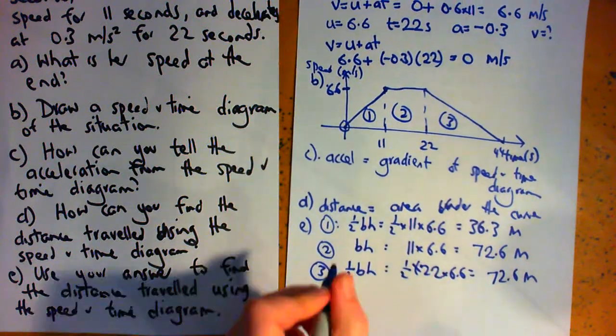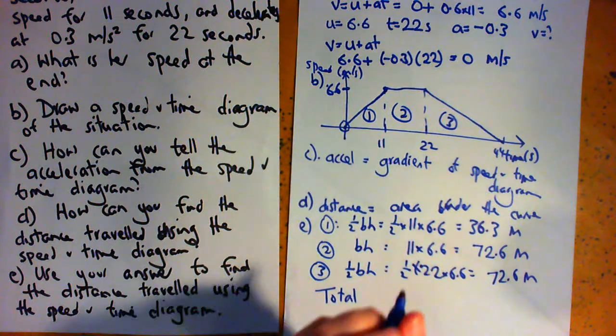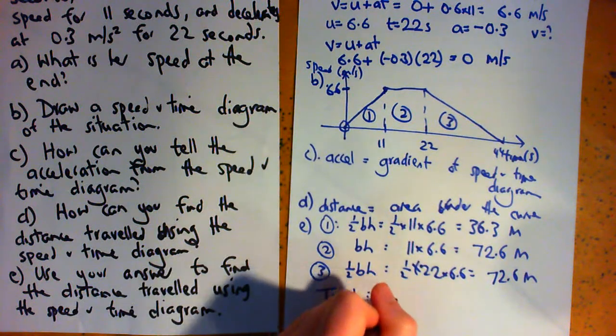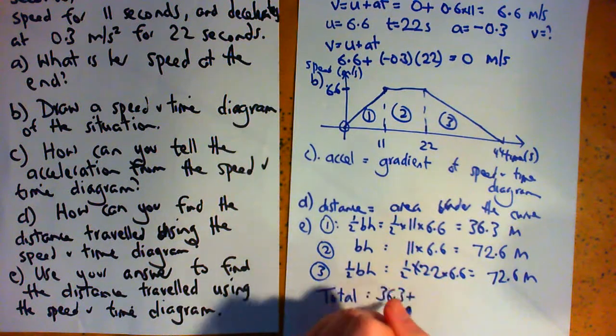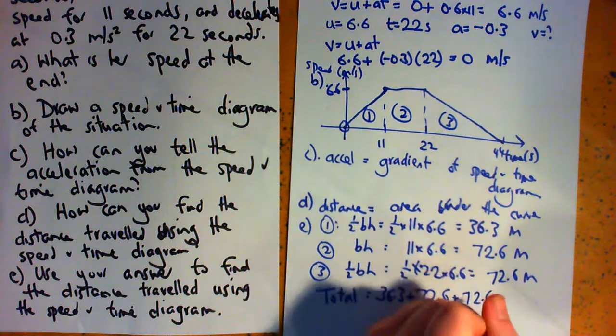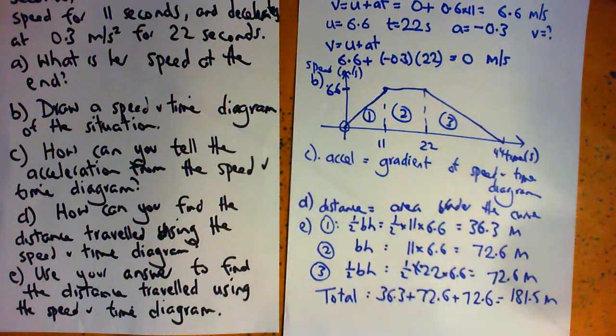Now we need to find the total distance, so if we add those three up, 36.3 plus 72.6 plus 72.6, we get 181.5 metres, which is the total distance that the runner travels throughout those 44 seconds. Thanks for watching. Over and out.